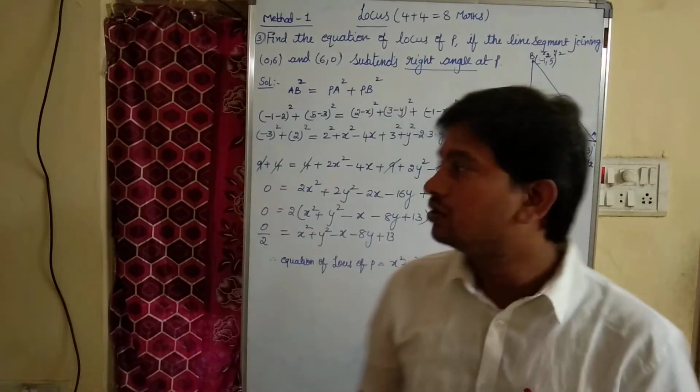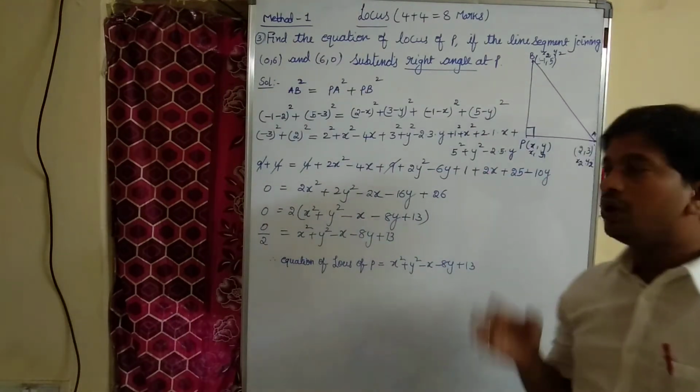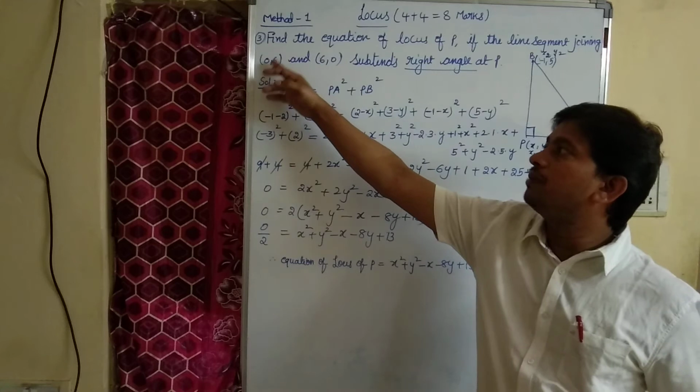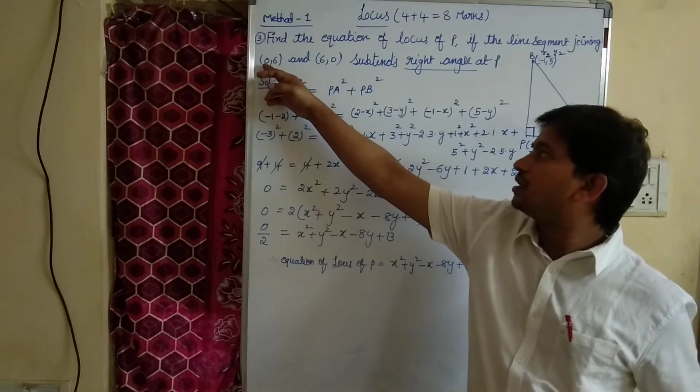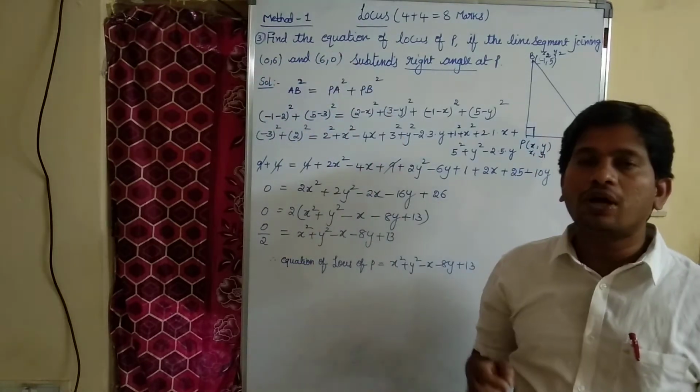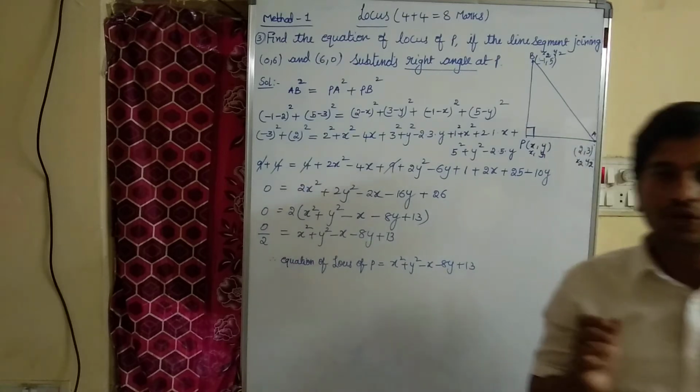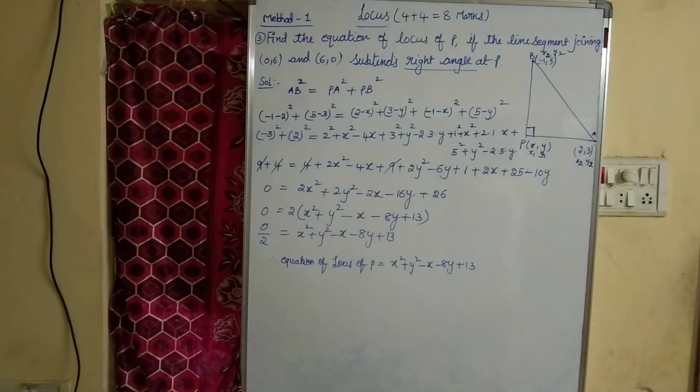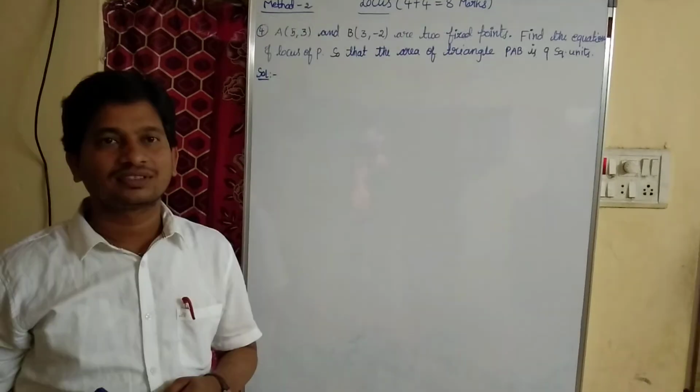As we have discussed two problems, you try to solve the third problem. The coordinates of vertices A and B are 0, 6 and 6, 0. You try to do this sum so that this concept will be clear.